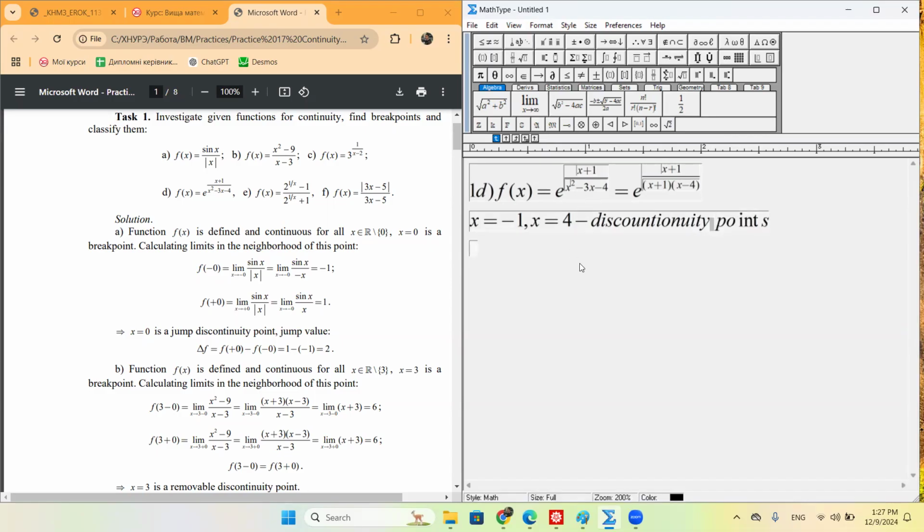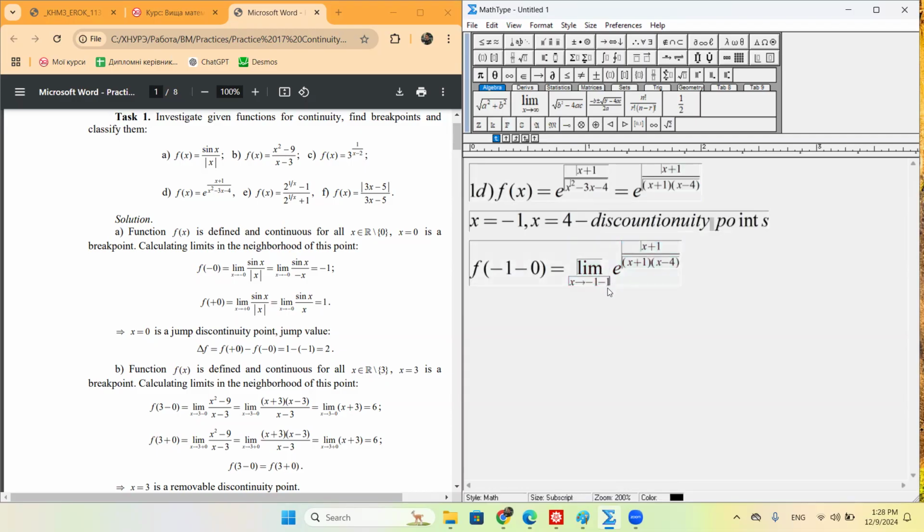So there are 2 discontinuity points in this case. Let's investigate both of them. Firstly, let's investigate the neighborhood of the point x equals minus 1. Minus 1 minus 0.